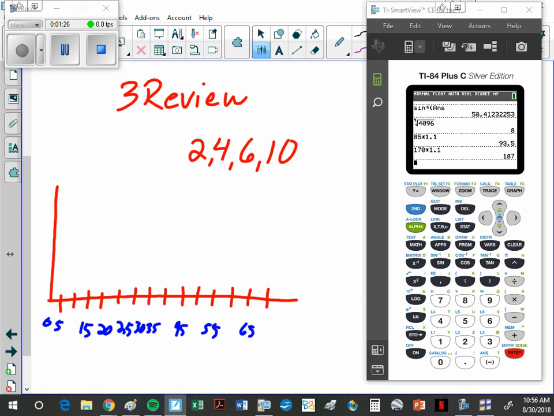Did I mess up? Maybe I just counted wrong. And then 75 and older. Okay, so here are the class interval divisions.